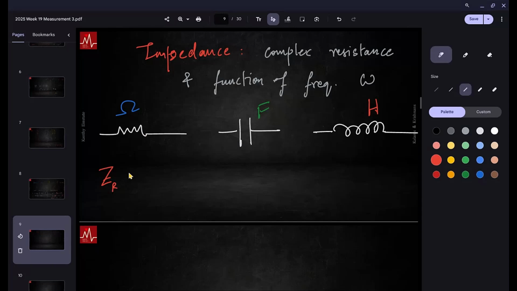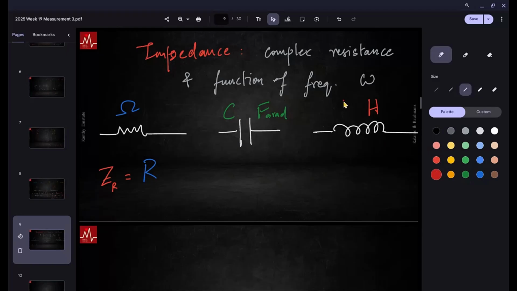Impedance for a resistor happens to be R. So let me write this down. This is C farad. This is 2 farads, 3 farads, 1 microfarad, something like that.